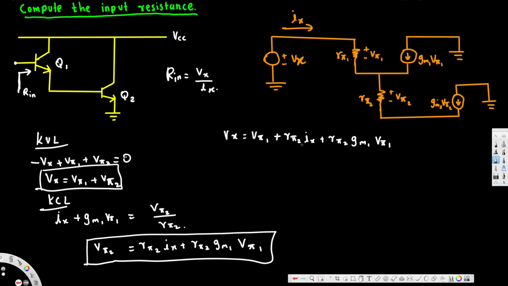We need Ix here, so instead of this V51, what we can do is Ix times R51 is equal to V51, because V is equal to IR. Oh, we don't even need to do that because we already have Ix here, so we can just keep the V51 as it is and solve for this one.